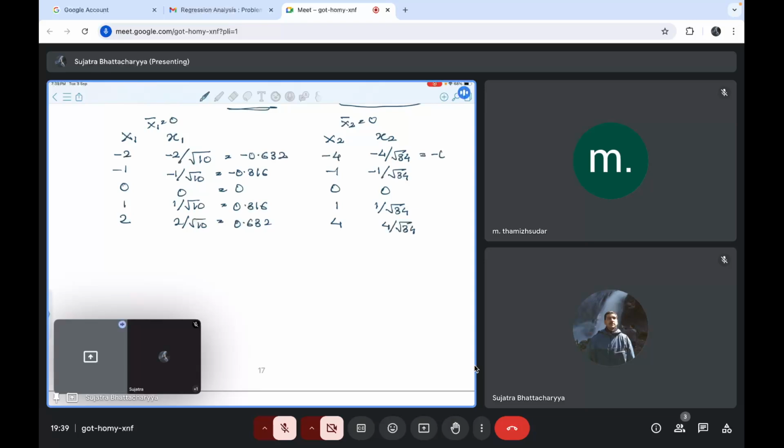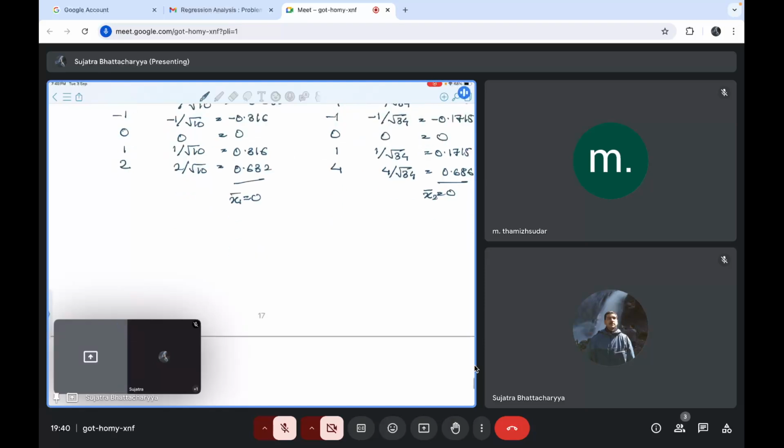I have calculated it already, so it is minus 0.686, minus 0.1715, this is 0, this is 0.1715, and this is 0.686. As you can see, if you take x1 bar, this will be 0. As you take x2 bar, this will also be 0.